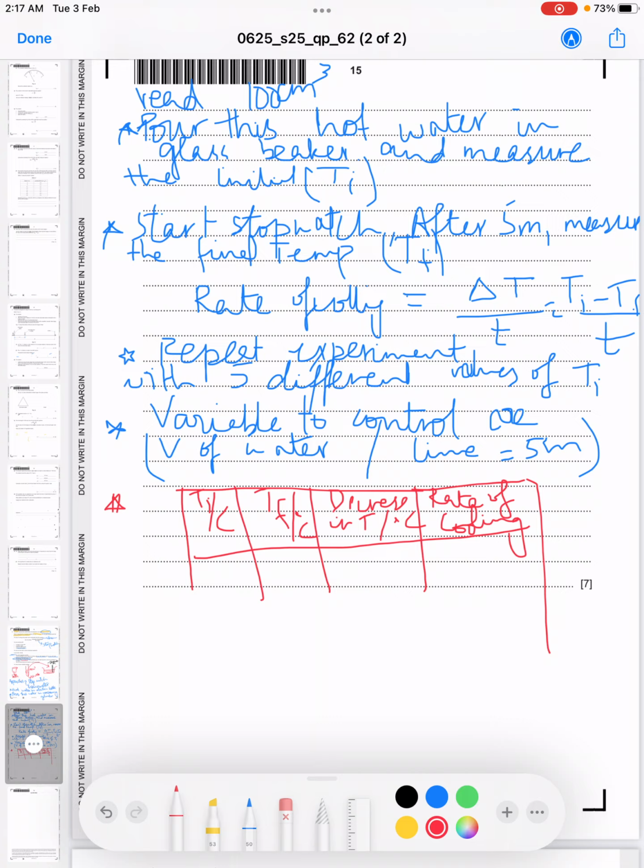Then we can also say to plot the graph of rate of cooling against TI.